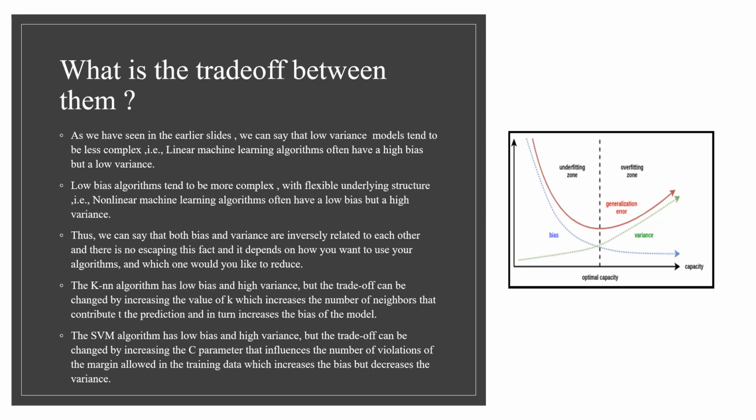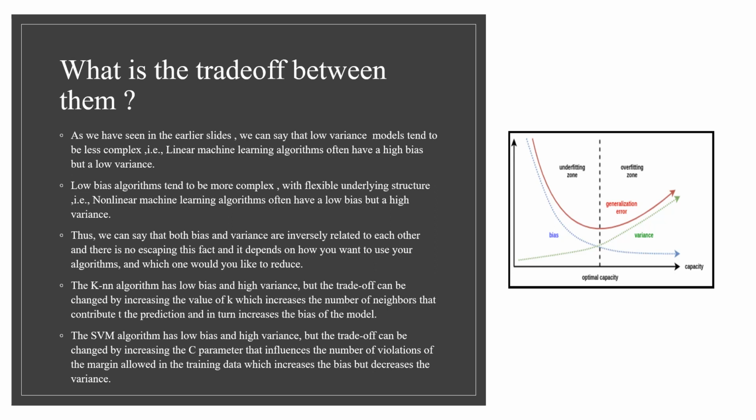So what you can do here actually depends on your requirements. You know what you want. There's no escaping the fact that there is a trade-off between them, and it depends on how you use your algorithms and which one of the two you would like to reduce. For example, the KNN algorithm has low bias and high variance, but the trade-off can be changed by increasing the value of k, which increases the number of neighbors, and which in turn increases the bias of the model but reduces the variance.